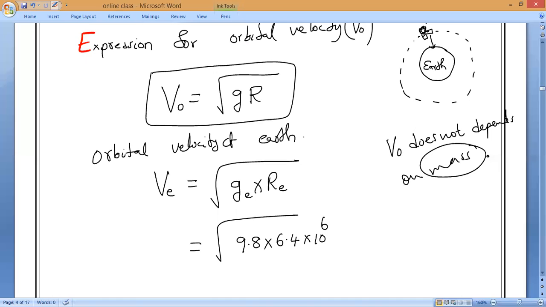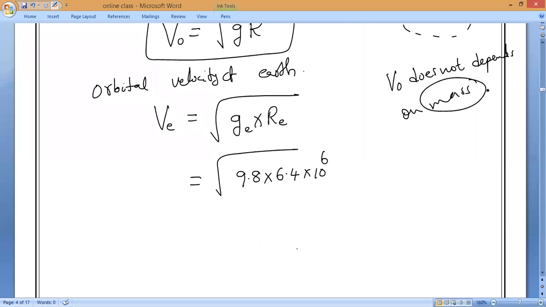Now do the multiplication, 9.8 into 6.4, which is 62.72 into 10 power 6.